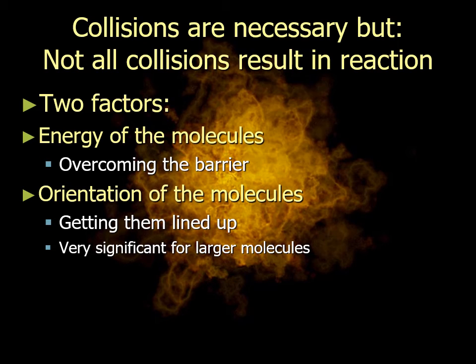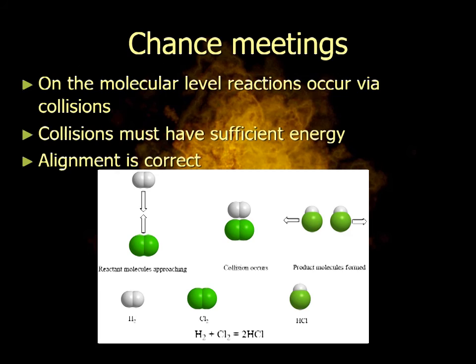And the second thing, which is perhaps more important in many cases, is having them oriented correctly. And this becomes much more significant when molecules are larger. If they don't collide in the correct arrangement, then the appropriate bonds cannot be made and nothing happens.